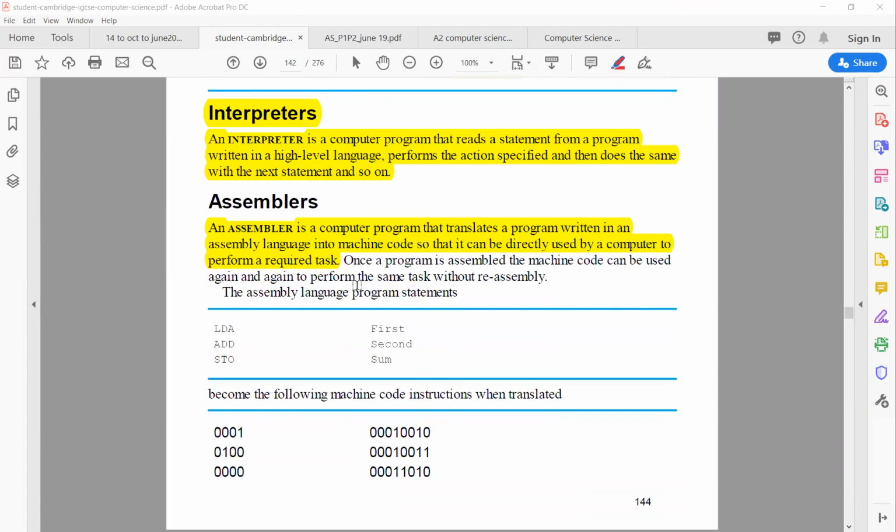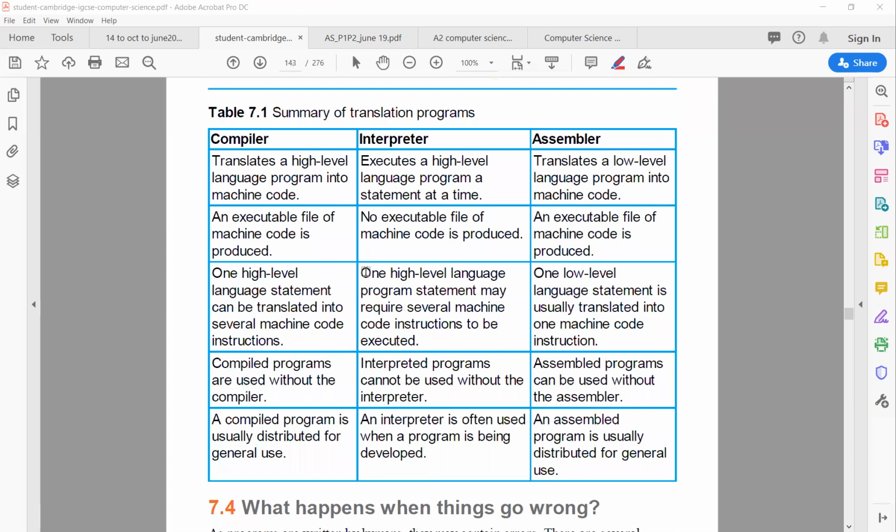Let's summarize them in the form of a table here. Let me tell you, these first 2 translators are for translating the high level language, and this translator, the assembler, is for the low level language.